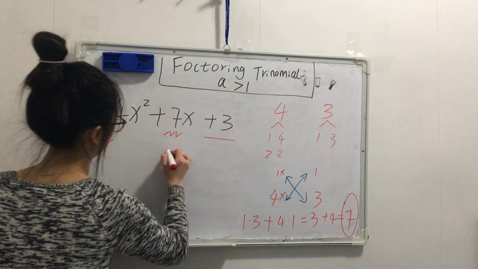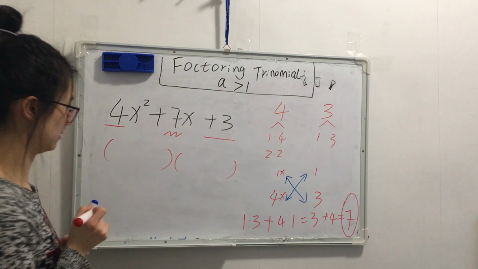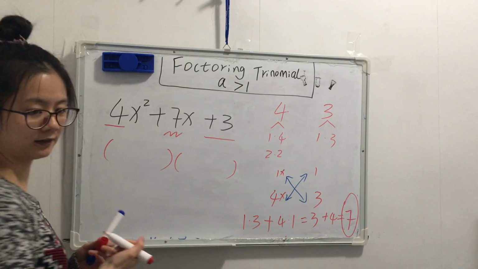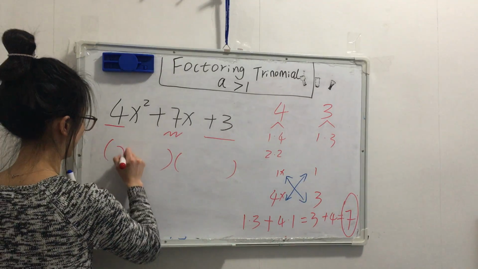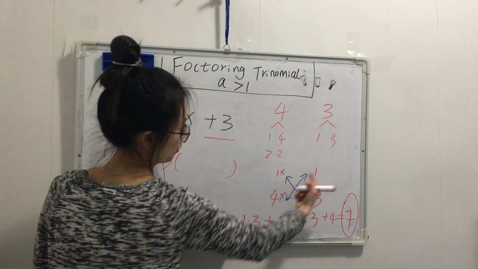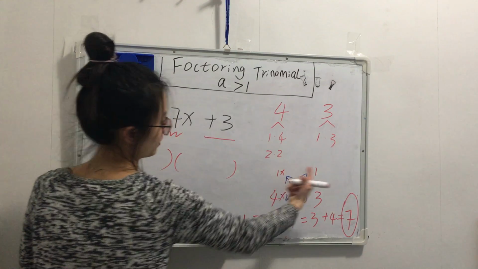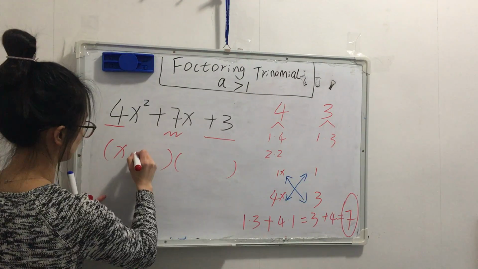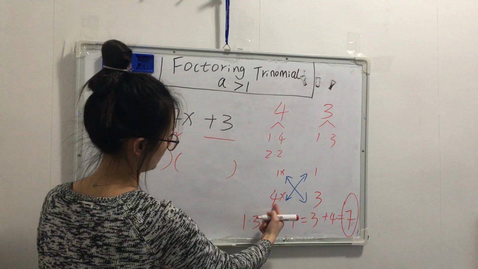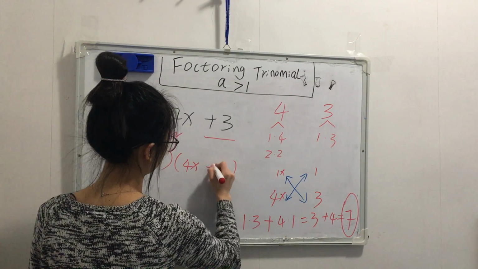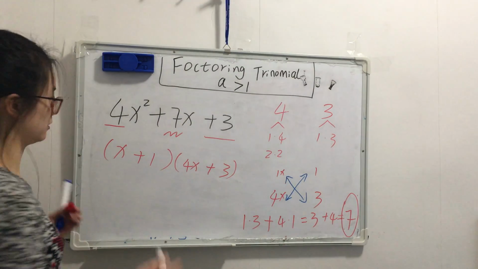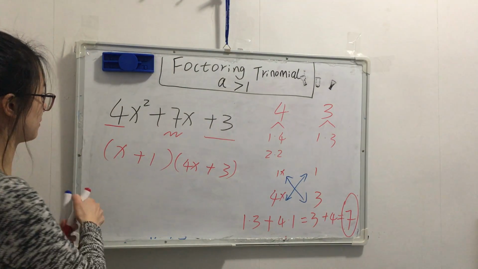And then we know the factor is like this, something times something. Here it is 1x, which is x, so x, and then we add the horizontal. Here is 1, so it's plus 1, and then here is 4x, plus 3. So this is the factor form, the factored expression.